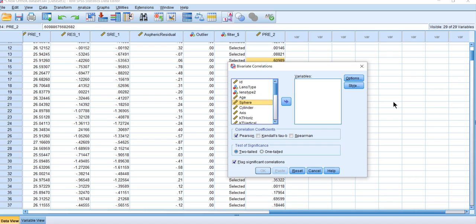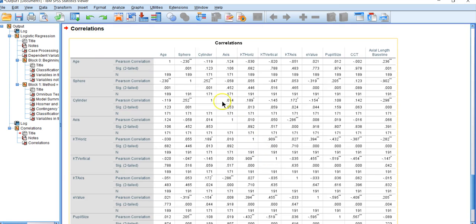I could have added age to that, but I'm just going to do everybody, including the ones with missing data, because that won't affect us here. For example, KT horizontal and KT vertical: look at that 0.9. So only one can be a winner.